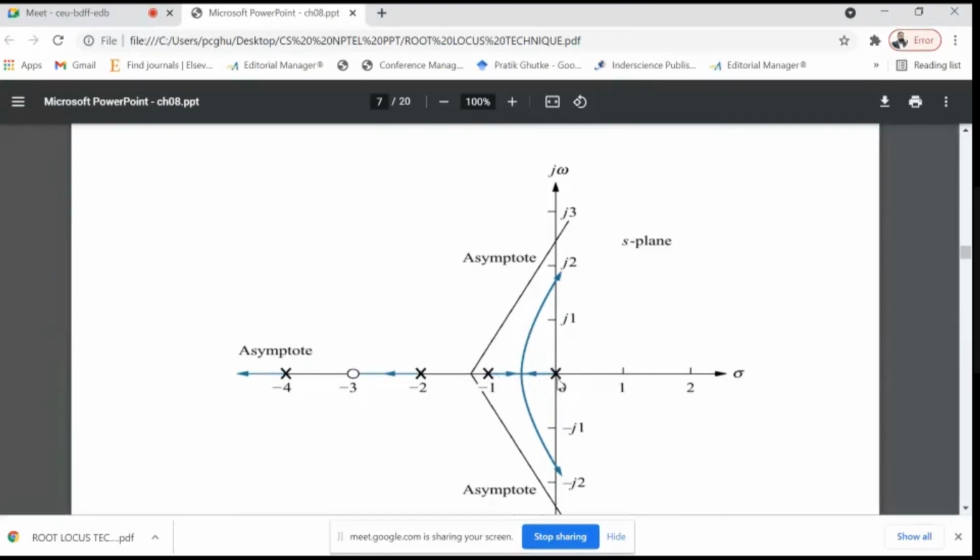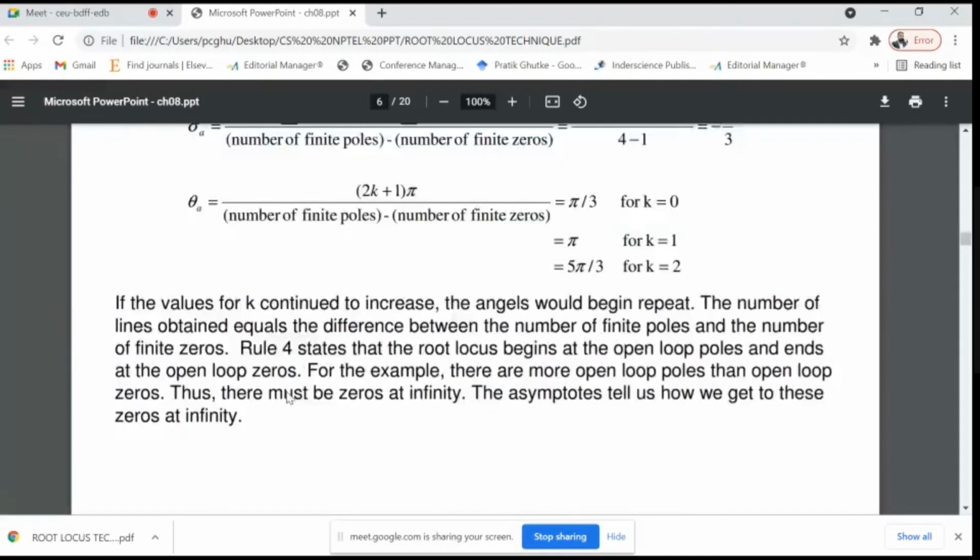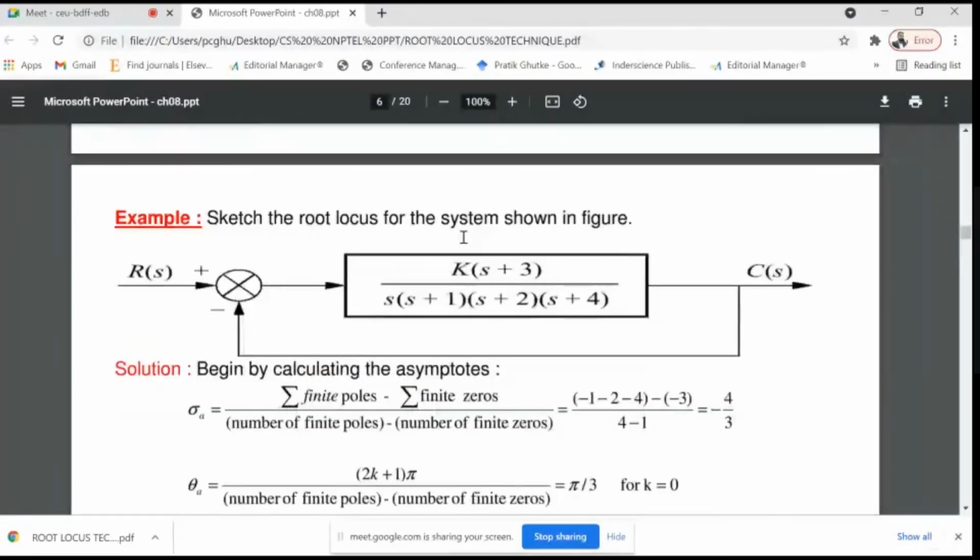For this example, one pole is at 0, one pole is at -1, another pole is at -2, another at -4, and one zero is at -3. For our example, we have plotted this.